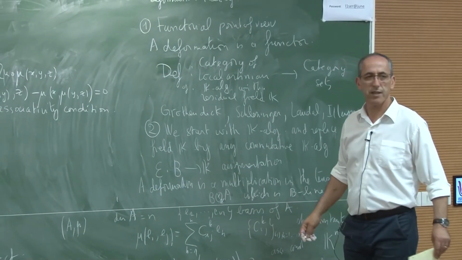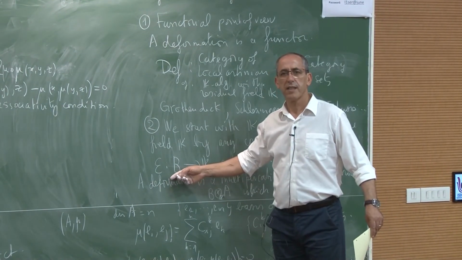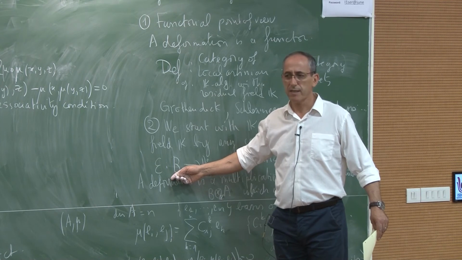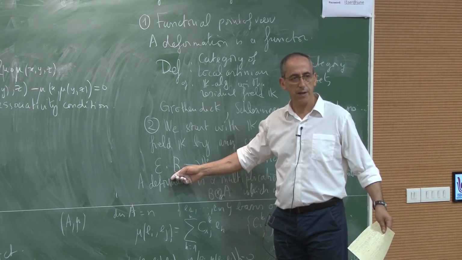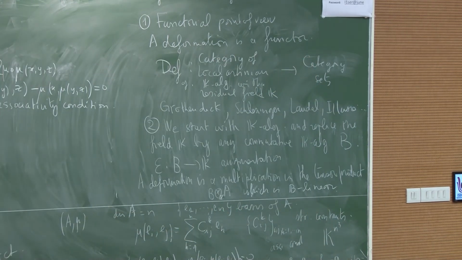It was the approach given by Gerstenhaber, in which this B is a formal power series ring with one variable.